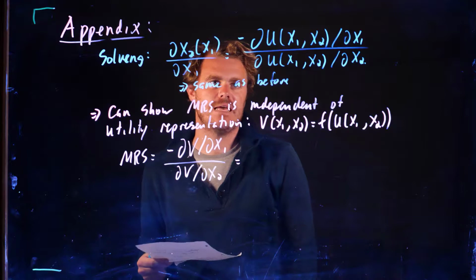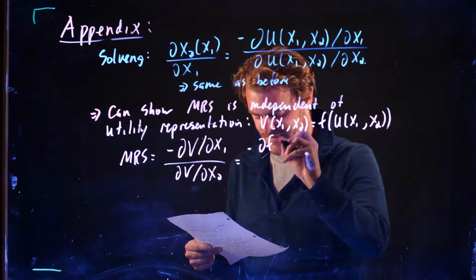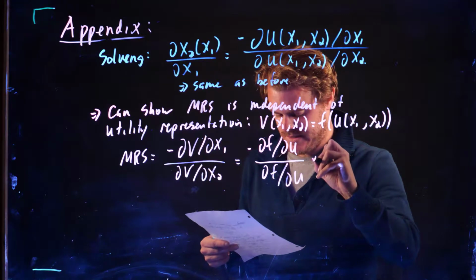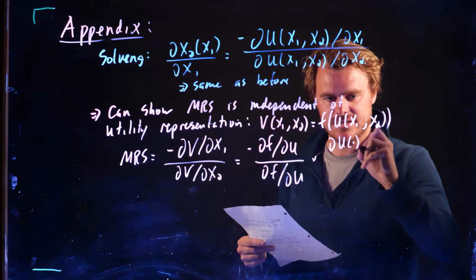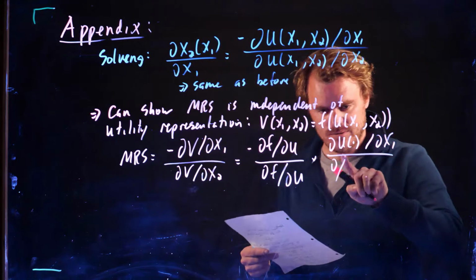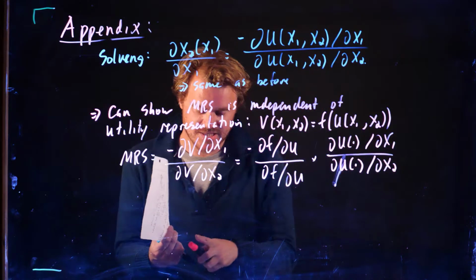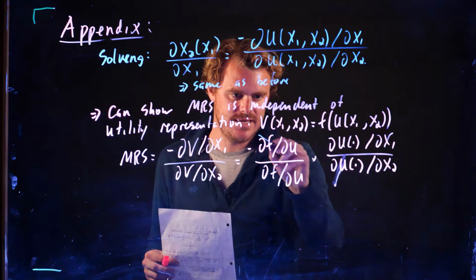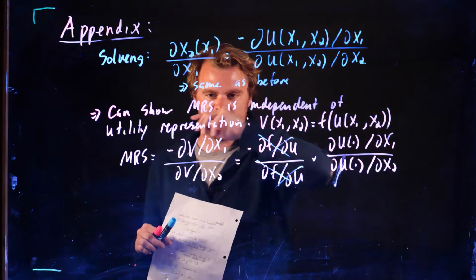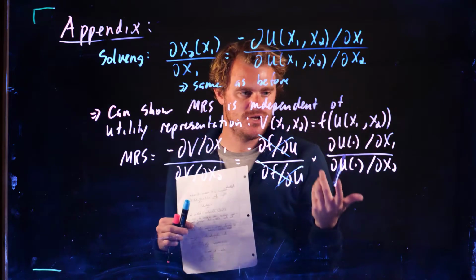And we can use that same implicit function idea to know that this is equal to the partial of f, so it's how f changes with changes in u, times how u, this utility function, changes with x1, over the same thing with x2. And so these things are going to cancel out, and we get the same thing as above. So it doesn't even matter what utility representation or what monotonic transformation you make.